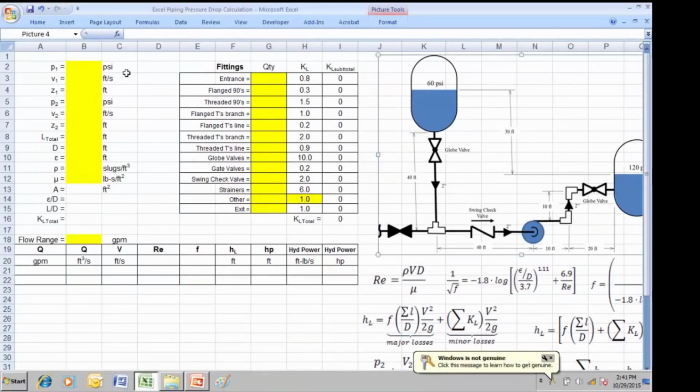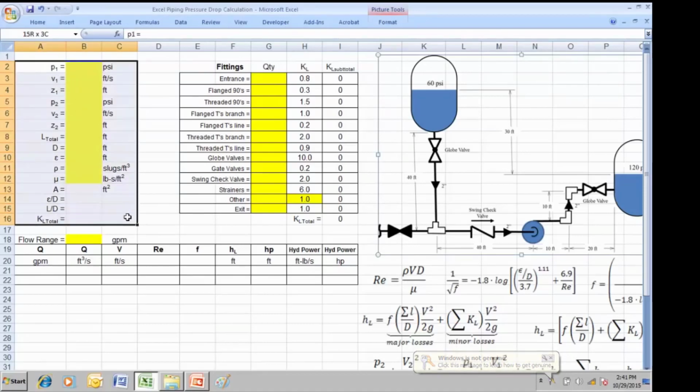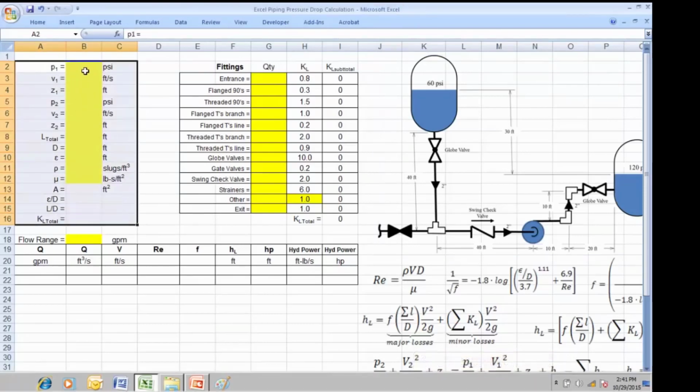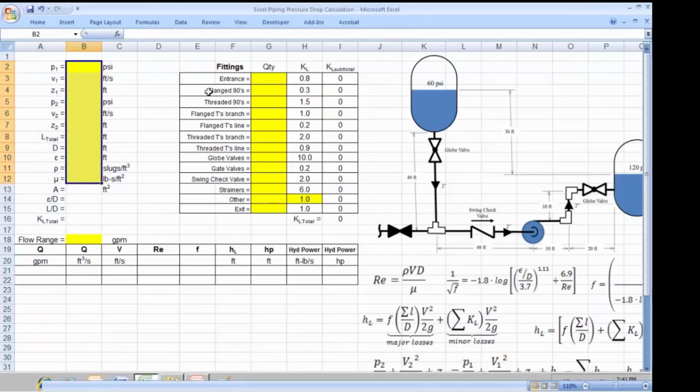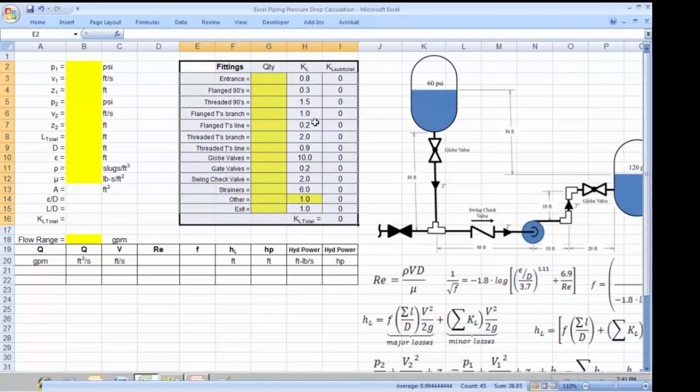Some of the things that I've done for you to start off is I put here's all the inputs right here are going to be in yellow, and over here to the side I've also put together a small little table with all these little K factors so you didn't have to enter them in, and multiplied by the quantity and then sum them all up, right?